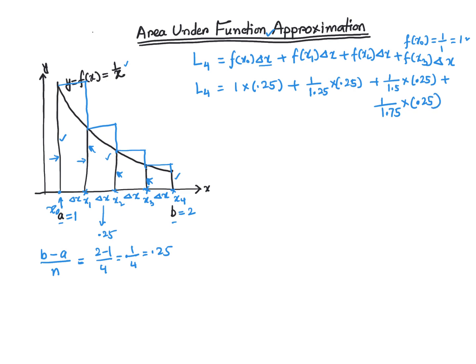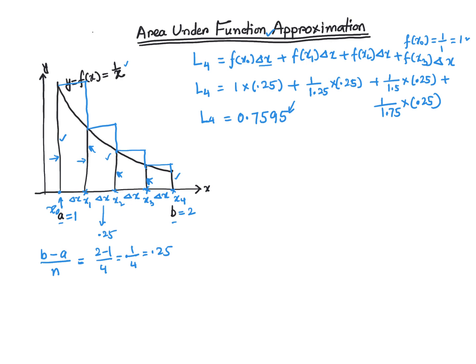If I simplify all these numbers, by the way, I get L sub 4 to be 0.7595, and I rounded it to the fourth digit after the decimal. So the left sum is 0.7595.